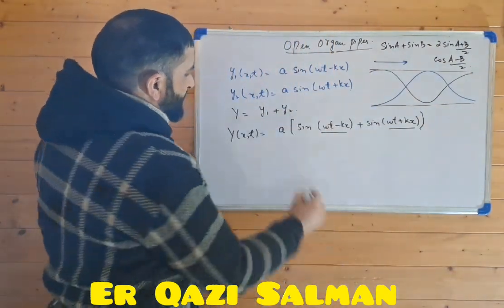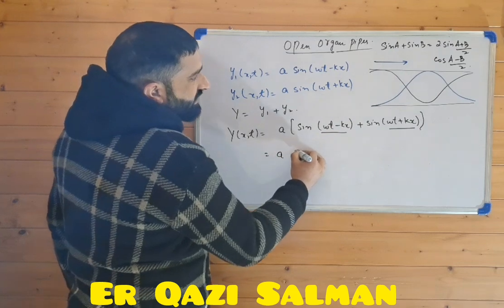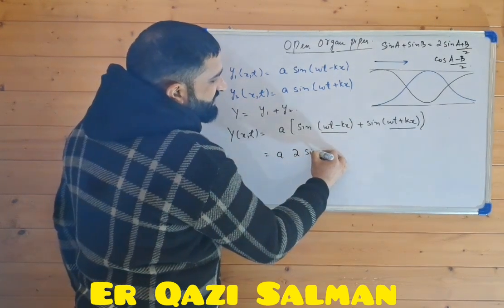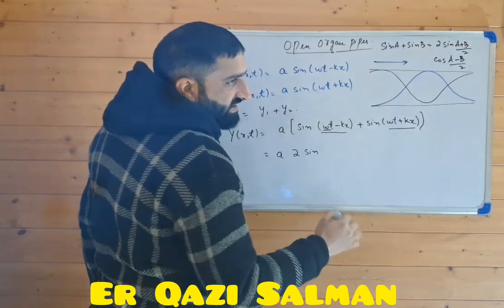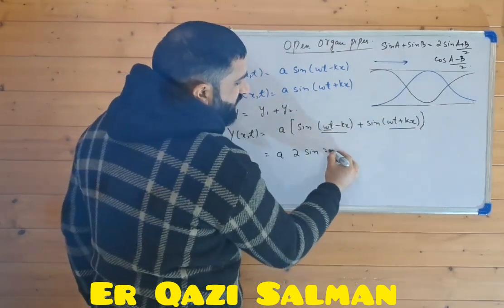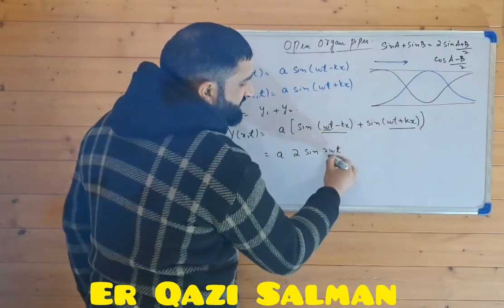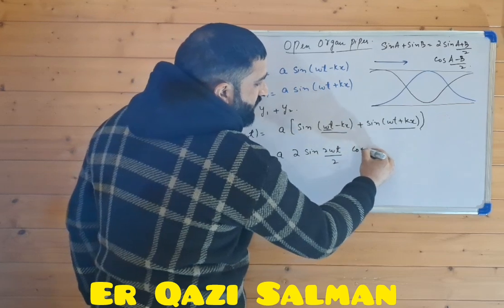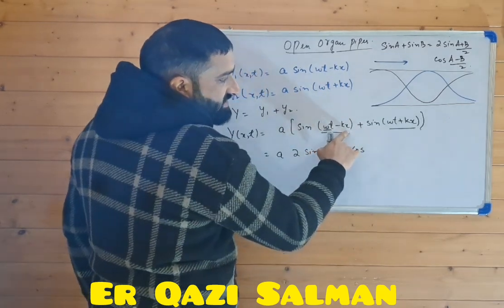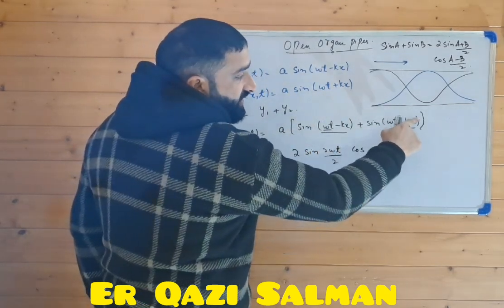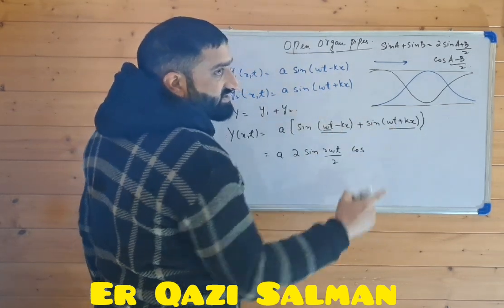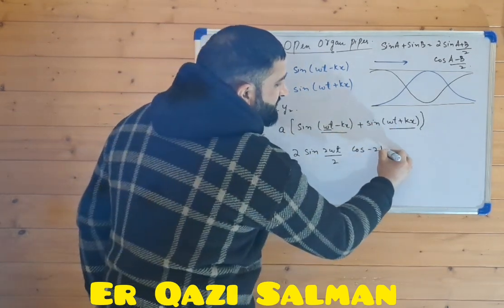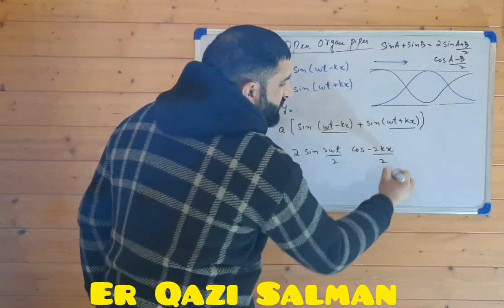Applying the equation here, we get a times twice sine of (omega t minus kx plus omega t plus kx) divided by 2. Adding these two, we get twice omega t, the kx and kx cancel, divided by 2, and cos of (omega t minus kx minus omega t minus kx). The omega t and omega t cancel out, and minus kx and minus kx is minus twice kx divided by 2.